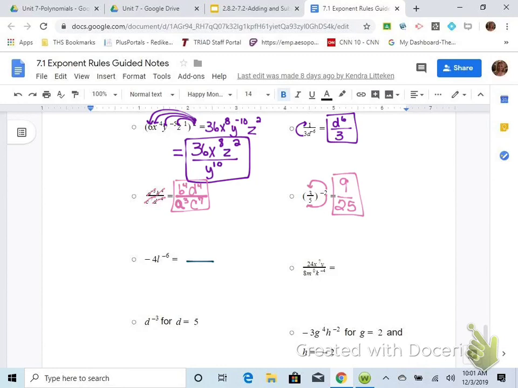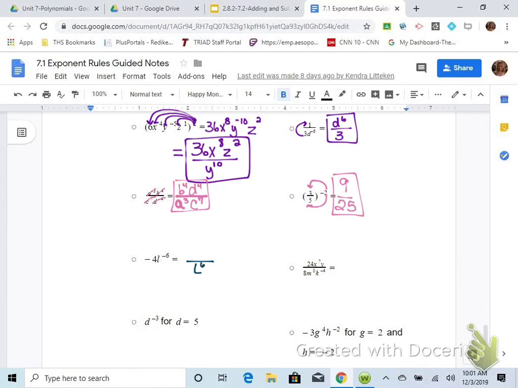So what am I crossing the line with? What am I moving from the top to the bottom? A 4. Now wait, be careful. What is the negative 6 referring to? The L or the negative 4? Just the L. So the L, I cross the line, and I change the sign of a negative 6 to a positive 6.